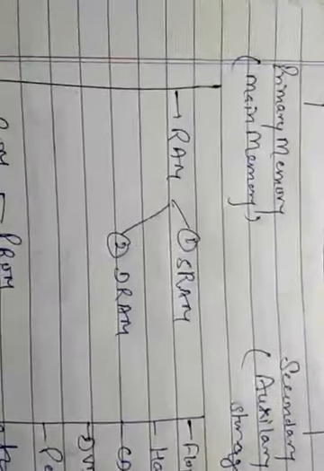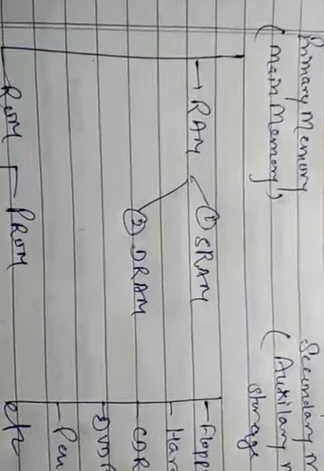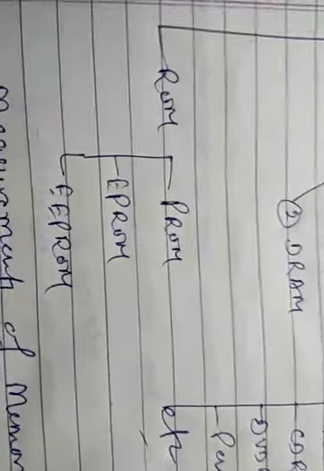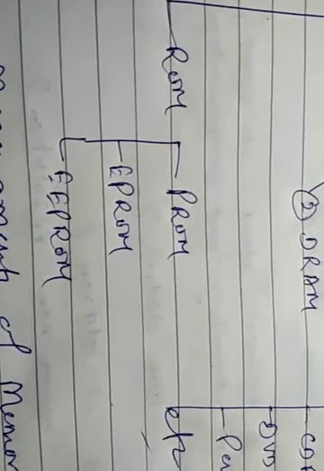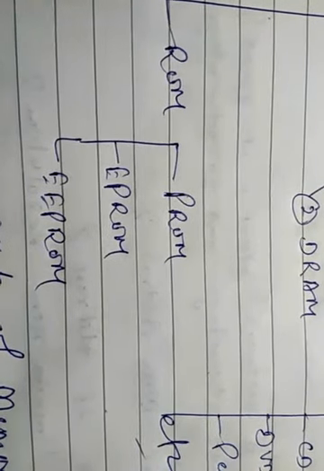The examples of main memory are RAM and ROM, and there are two parts of RAM. First one is SRAM, which stands for static random access memory, and DRAM is dynamic random access memory, whereas there are three parts of ROM. First one is PROM, which stands for programmable read only memory. Second is EPROM.